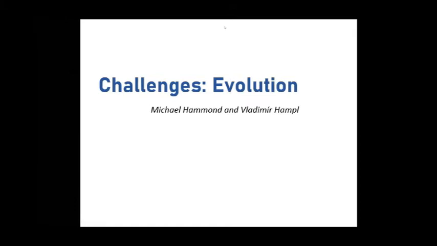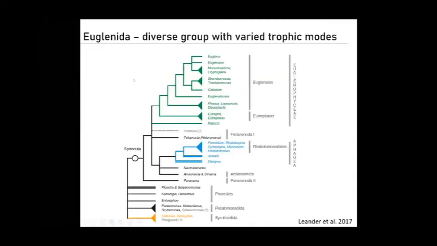On our first slide, we have the current phylogeny of euglenids with phototrophs highlighted in green, osmotrophs in blue, and phagotrophs in black. At present, the photosynthetic euglenids have received the lion's share of attention and research, and it seems that these phototrophs appear to have quite complex and unwieldy genomes.